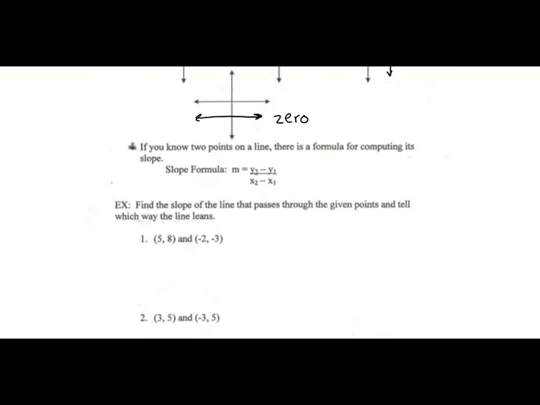If we are given 2 points on a line, there's a formula we can use, and that is this slope formula right here. M equals y2 minus y1 over x2 minus x1. And there's a few practice points here. We're going to do 2 examples.